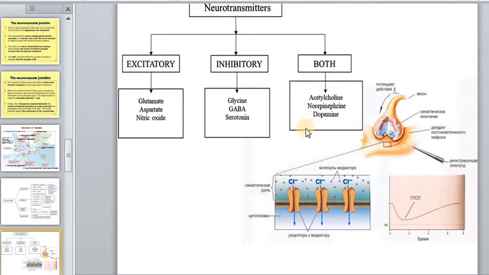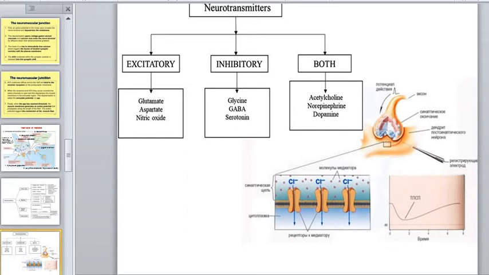Modulatory neurotransmitters, both, are often called neuromodulators. If a neurotransmitter is a neuromodulator, this means it can affect a large number of neurons at the same time, as well as influence the effect of other neurotransmitters.